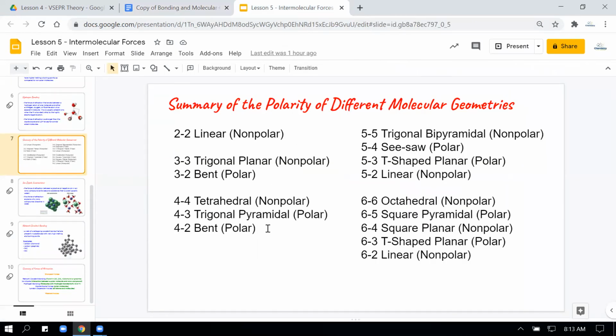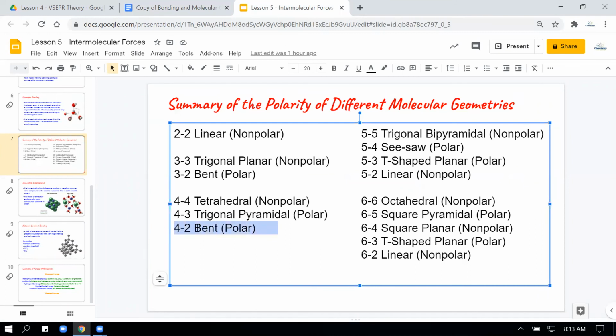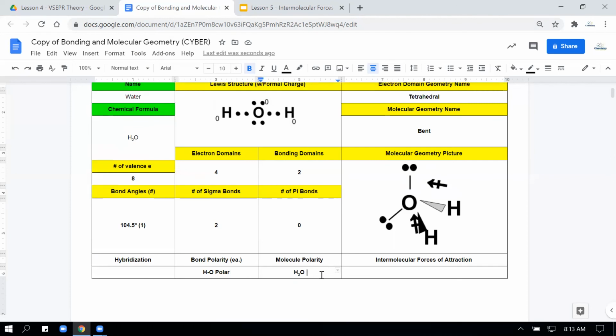So we have a 4-2 bent, which is this one right here. So we're going to call that polar. So this chart in today's notes is going to be especially important to us in designating these as polar, non-polar, etc. So I'm going to write polar in this spot for water.